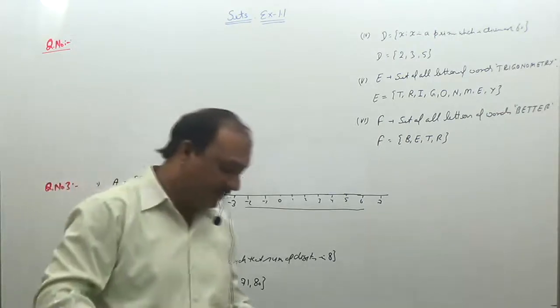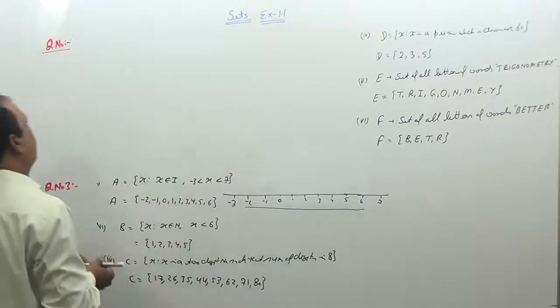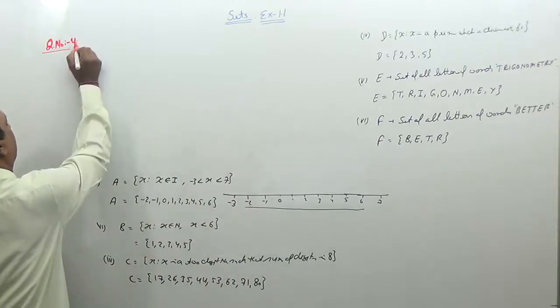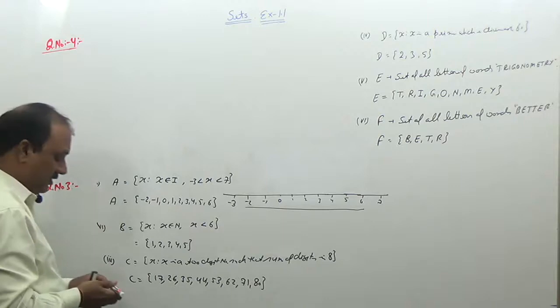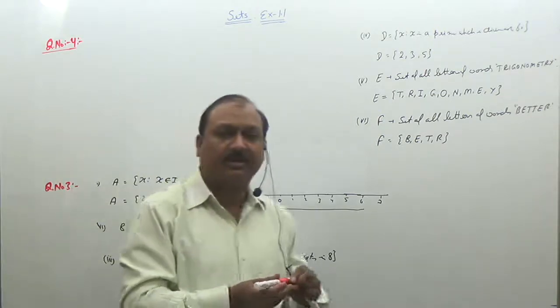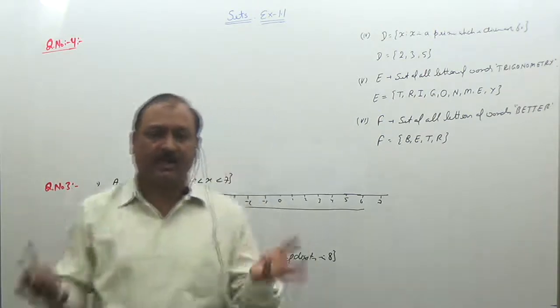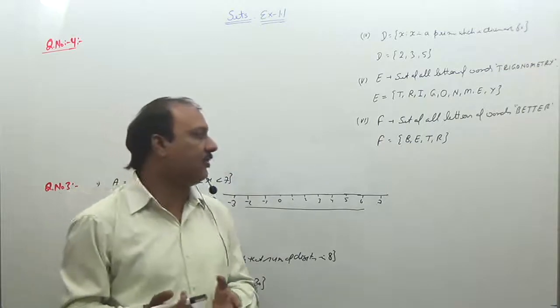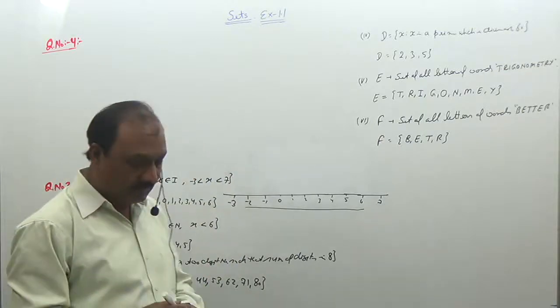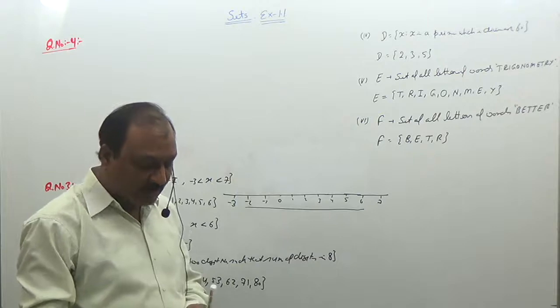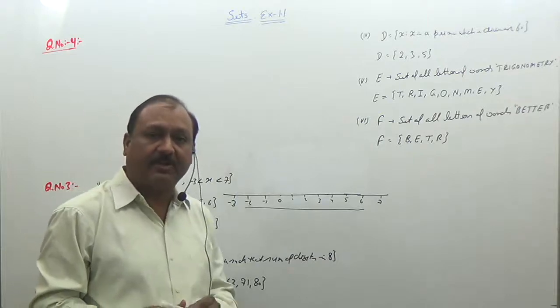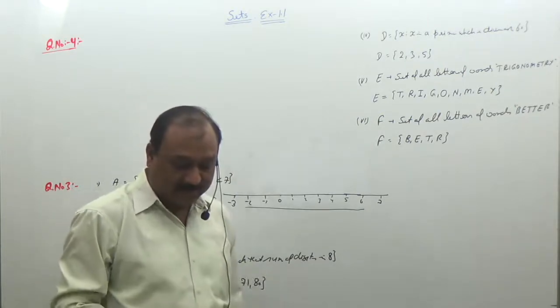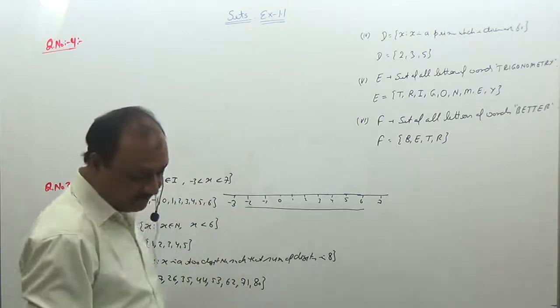Question number 4 is the reverse of question number 3. In question number 3, some set builder forms were given, and we converted these set builder forms into the roster form. Now in question number 4, the roster forms are given, and we will write down these in the set builder form.